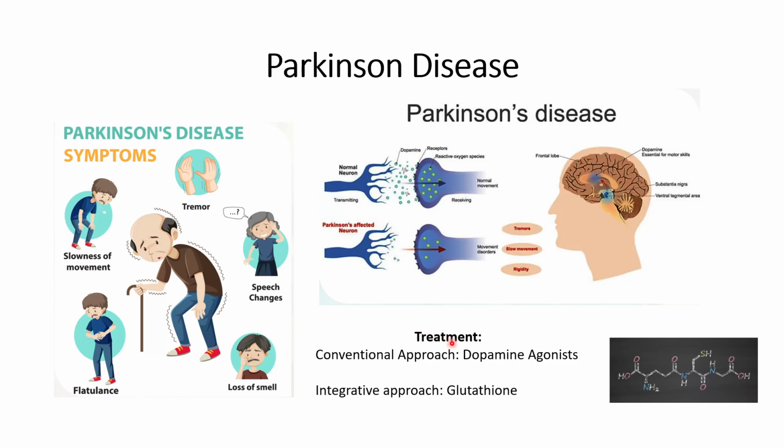So there is another approach that has been recently developed, that is functional medicine, or the integrative approach, which is the use of glutathione. Glutathione is known for degrading the toxic material that is present within the cells, and it has been found that people who have Parkinson disease have a low amount of glutathione.